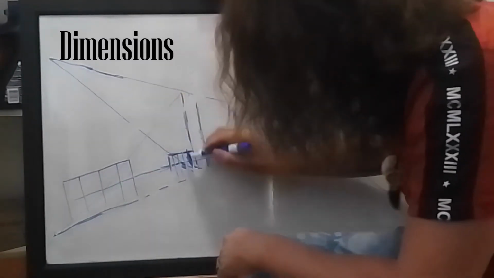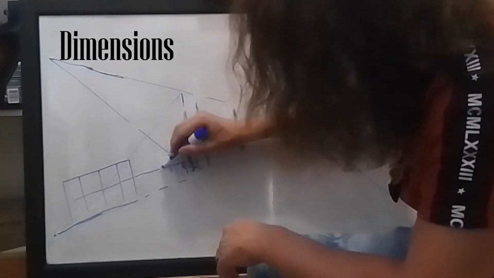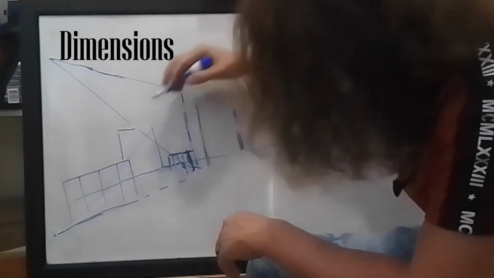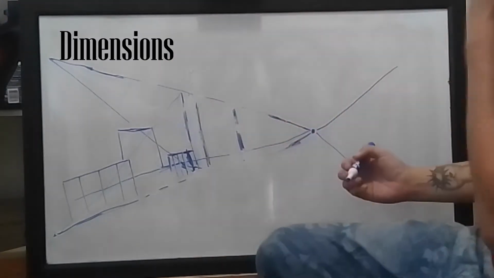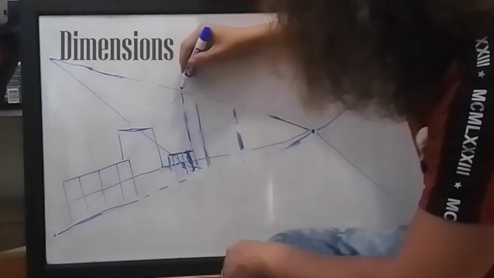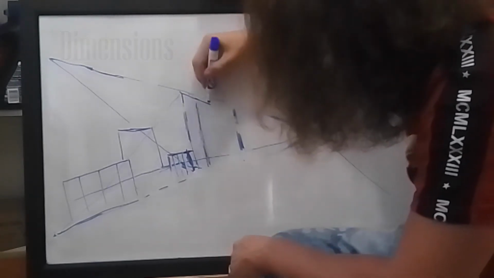And now we can start to kind of build out the door. Like that, right? And say we want a little awning. Something like that, right?